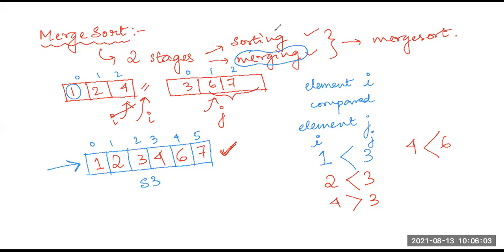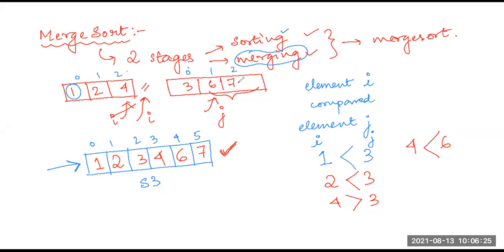Yes, sir. Ma'am, in place of 7, if there is a 5, then what will happen? In place of 7 there can never be 5, because I am constantly saying that when I apply the sorting logic, I will get the subarrays in sorted manner.